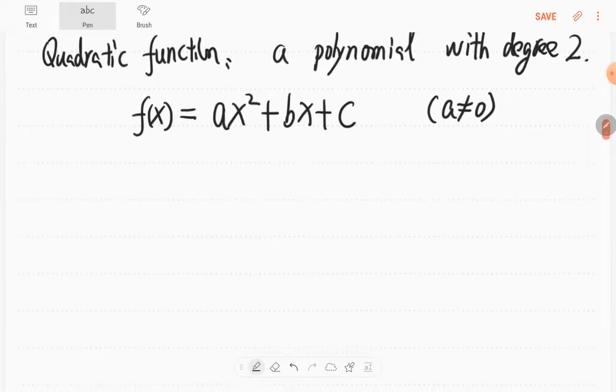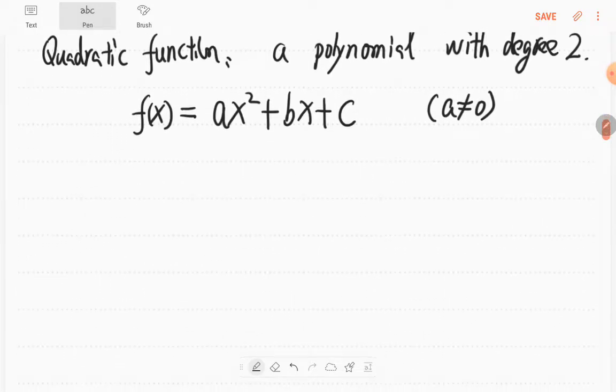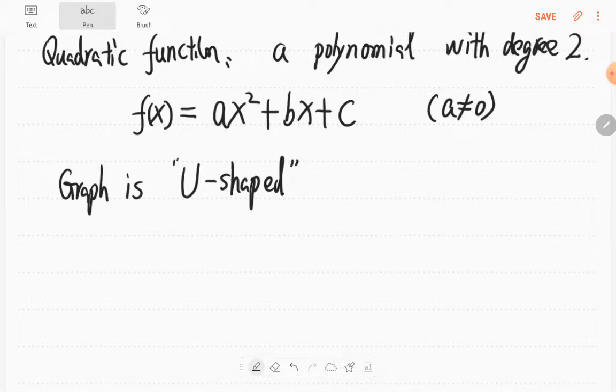The graph of the quadratic function is U-shaped. Which is actually given this one or this one, depending on the problem. So this kind of shape curve has a name, which is called parabola.